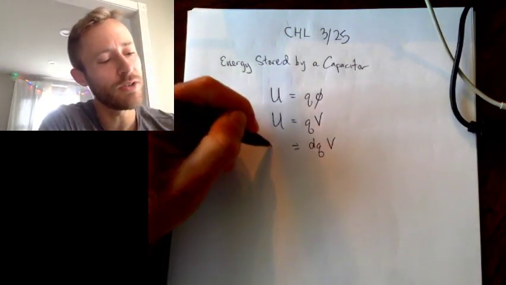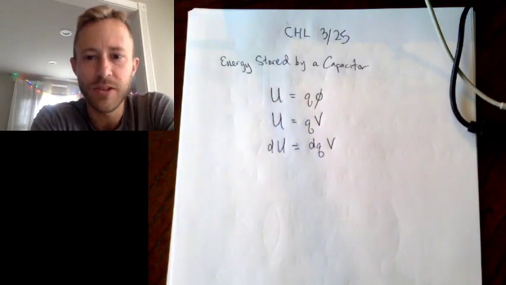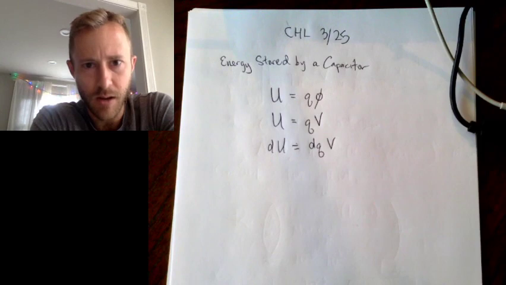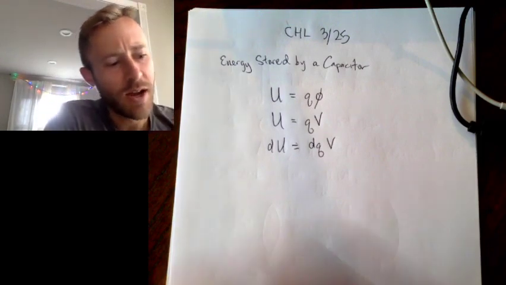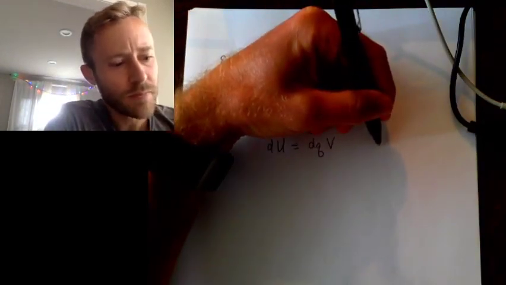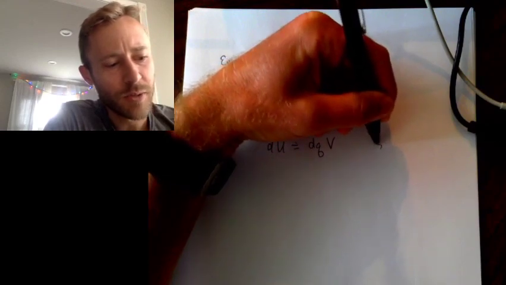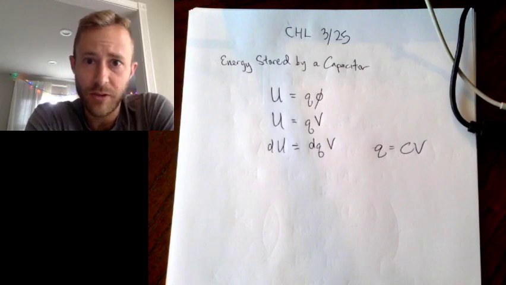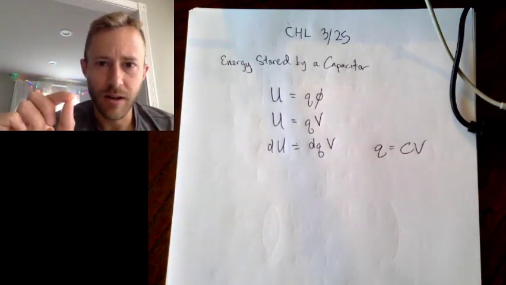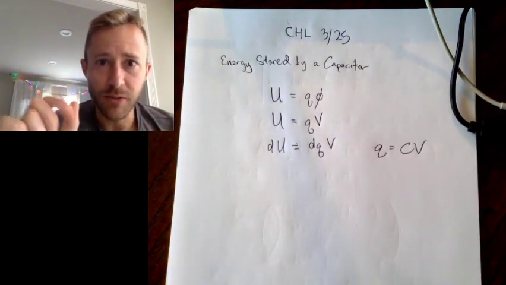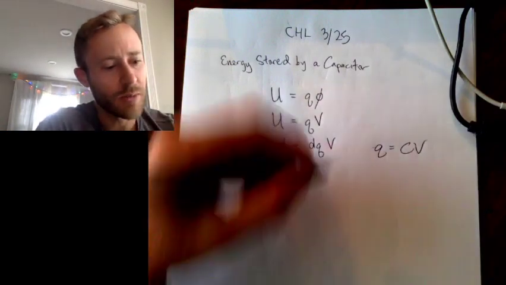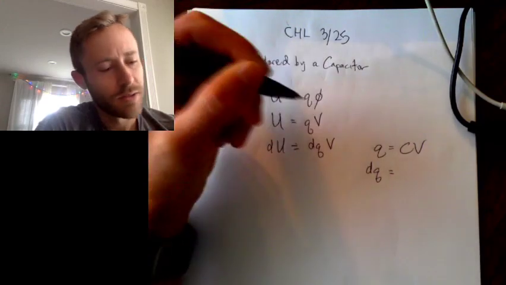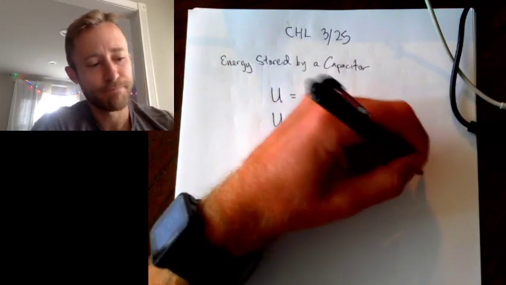So it'll be dU equals dQ times V. Then if we have our formula Q equals CV, this was the fundamental formula for a capacitor, we could imagine taking a differential of this equation and we would have dQ equals C dV.